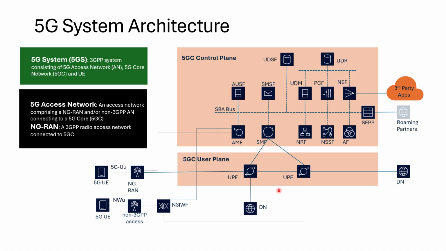It does packet routing, forwarding, QoS enforcement, and acts as an anchor point to the external data network. That data network could be the public internet, an enterprise intranet, or an edge computing platform as well. So this is all for the 5G system architecture.